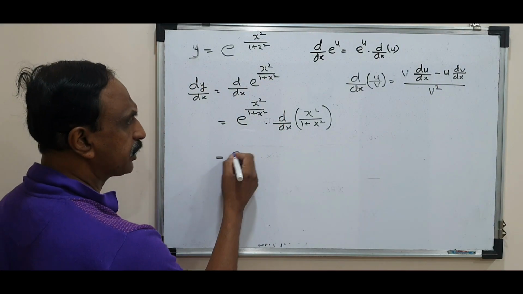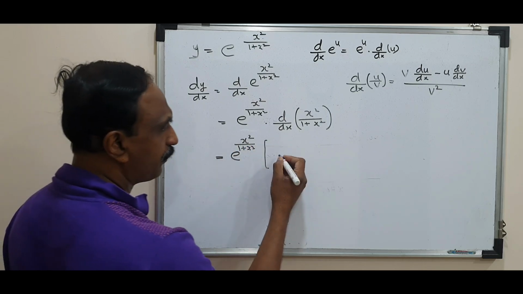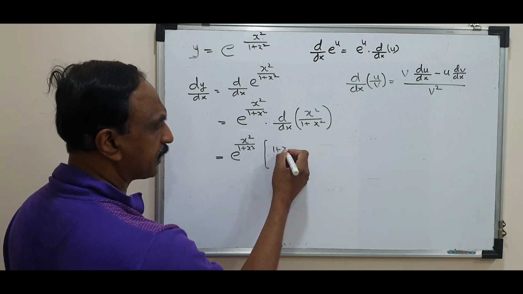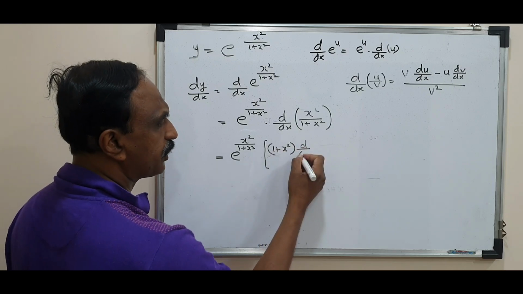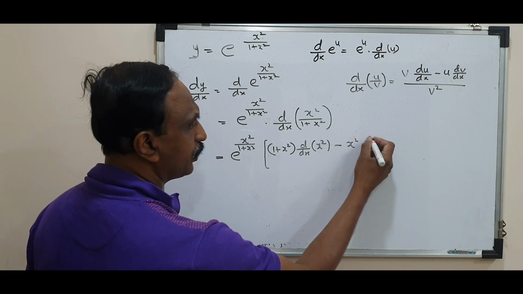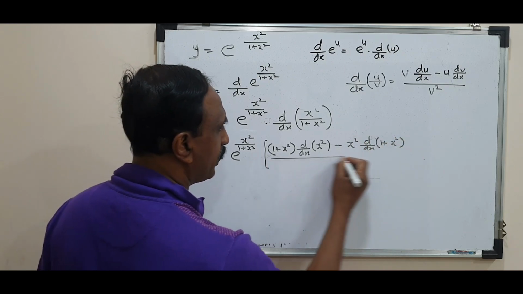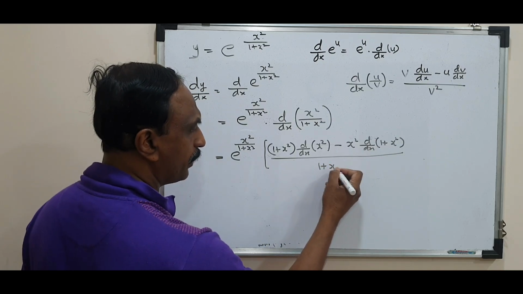So if you apply this formula to x square upon 1 plus x square, start from the denominator: 1 plus x square into the derivative of the numerator minus the numerator into the derivative of the denominator, whole divided by the square of the denominator.